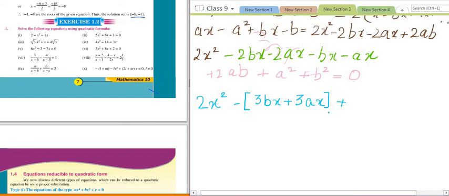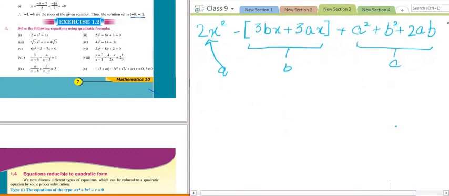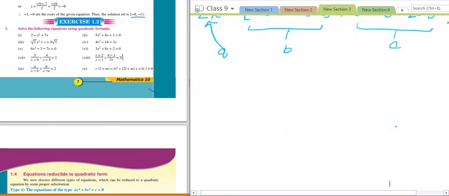We can write it as a plus b whole square, or we can use it as it is, a square plus b square plus 2ab. Now this is a quadratic equation, okay. Here a is 2, this is b, and this is c. Just put these in formula.